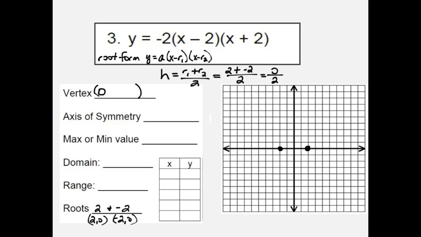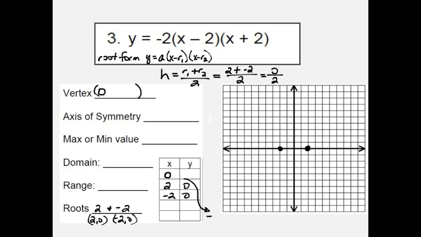So then I'm going to have to plot my point for x equals 0 for the vertex. I know I have points at (2, 0) and (negative 2, 0). I can put those on the chart. So what is the y value for x is 0? Well, I have to put it in my formula.